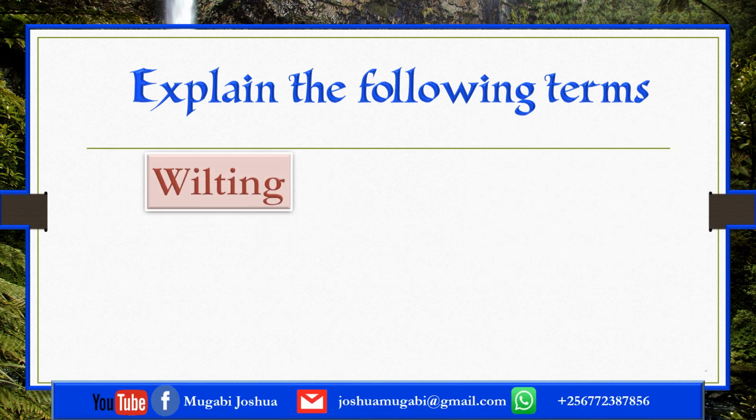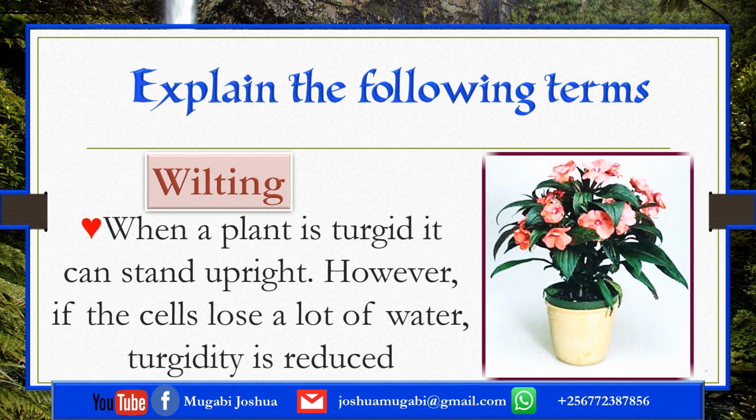Wilting. When a plant is turgid, it can stand upright. However, if the cells lose a lot of water, turgidity is reduced.